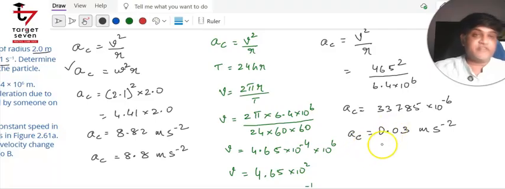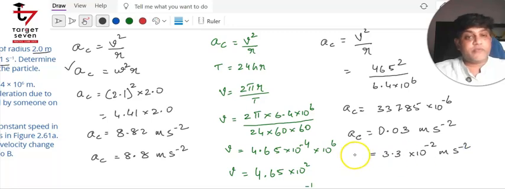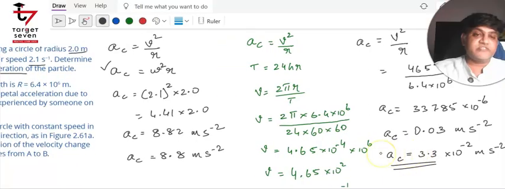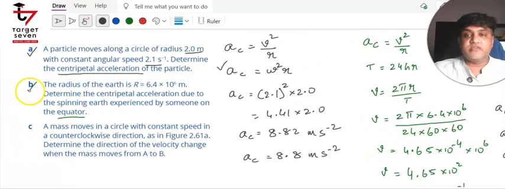Now, since I mentioned that we would like to express this in the form of a scientific notation, this would be 3.3 into 10 to the power negative 2 meter per second squared, to the appropriate number of significant figures as well. Now this is the answer to the second bit here.